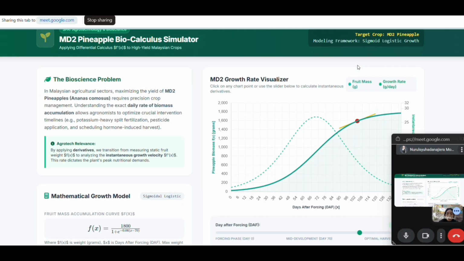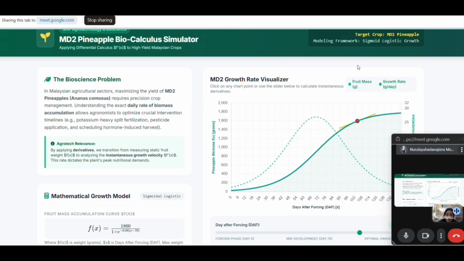Okay. So finally, how can we make this HTML simulator better? My recommendation is to add an interactive what-if input section for environmental factors. Right now, the simulator only shows one fixed ideal growth curve. In real life, soil pH and fertilizer amounts change the growth.